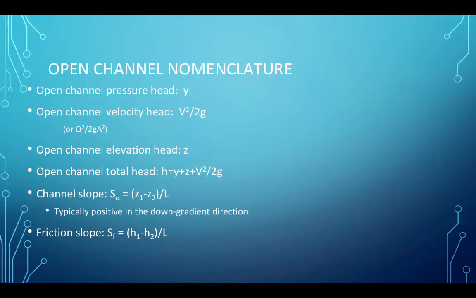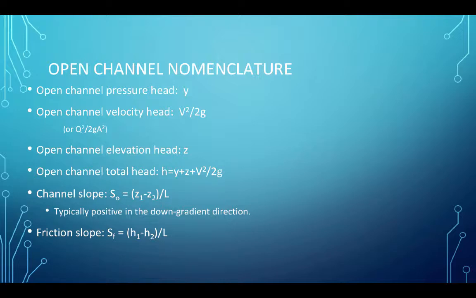So in an open channel, these are the following analogs to our Bernoulli's equation from earlier. The pressure head is the depth y. The velocity head is v squared over 2g, as before. The elevation head is z, the elevation of the bottom of the channel, and the total head is y plus z plus v squared over 2g.